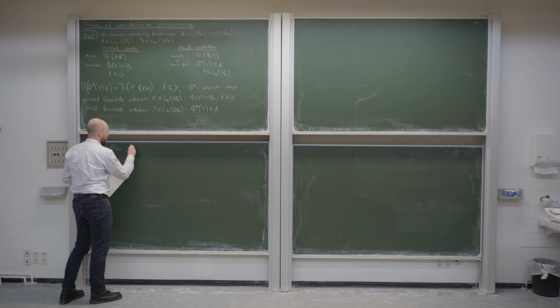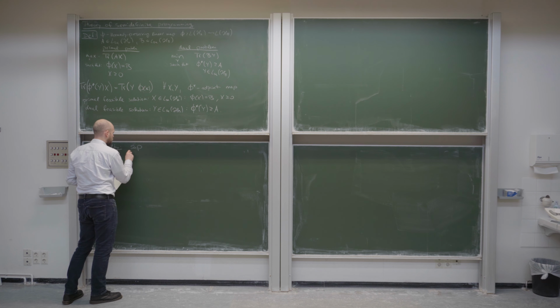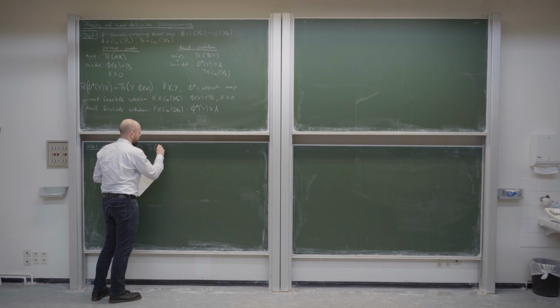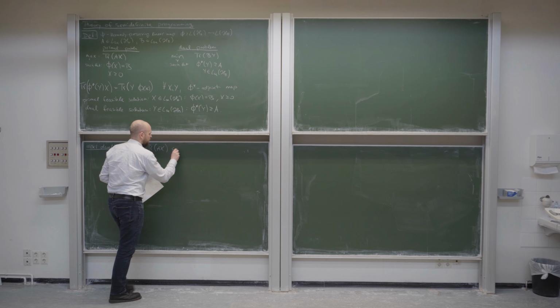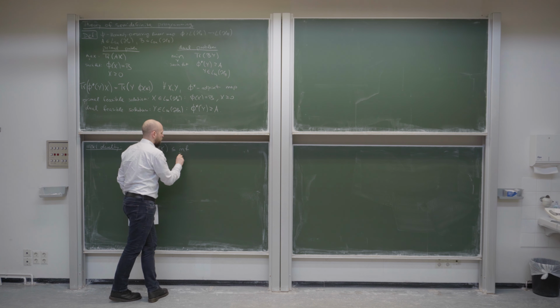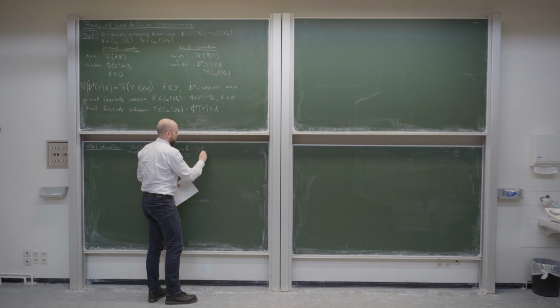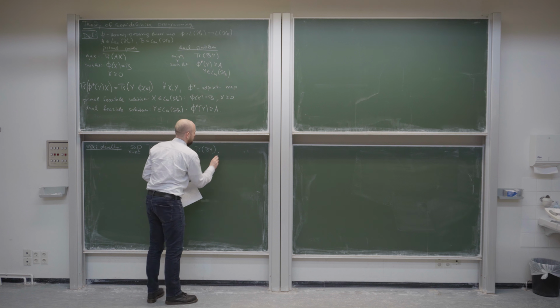And this is just that the supremum over x, which is primal feasible, of trace ax, is always less than or equal to the infimum over y being dual feasible of trace by.